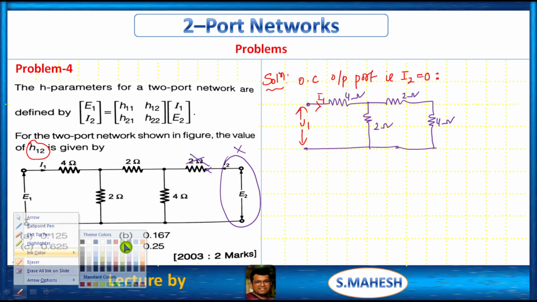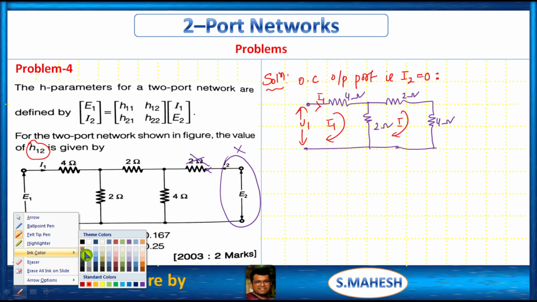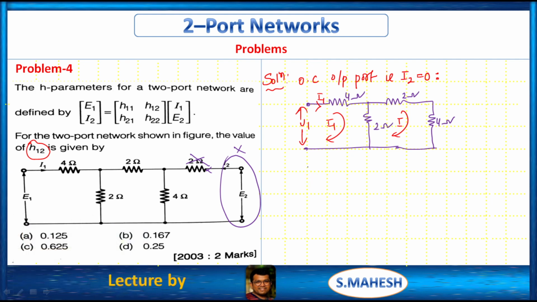This is I1, this is I. From loop 1, what is the equation?